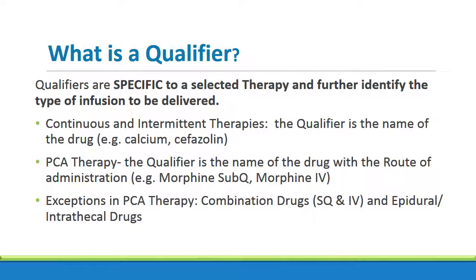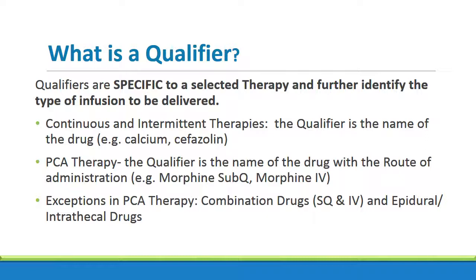Continuous and intermittent therapies are set with the qualifiers being only the name of the drug because the parameters for infusion are the same regardless of whether the infusion is through a peripheral line or a central line. PCA is more complex because we administer medications via the subcutaneous route or the intravenous route. These 2 routes differ greatly in the amount of volume to be administered over a specific time.